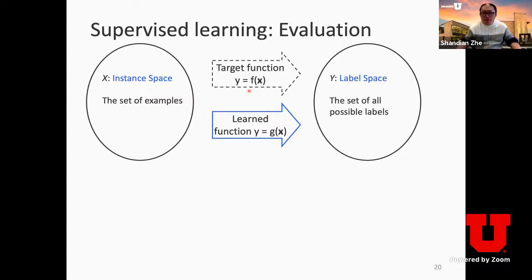We have exactly learned the target function. But in practice, this is always infeasible. Why? We don't know what f is. Yes, exactly right. If we knew the target function, why should we bother to run supervised learning and collect training data? We would just use the target function to predict, and we'd be done.